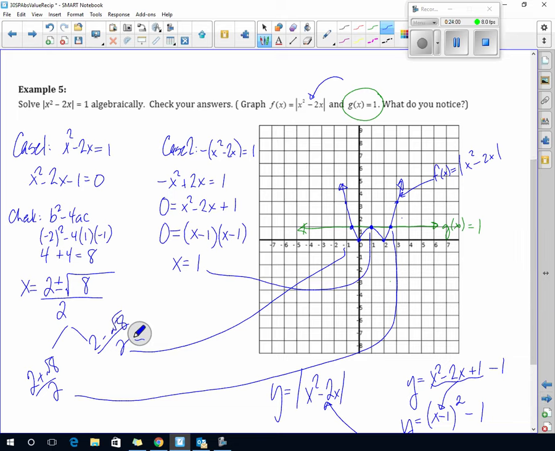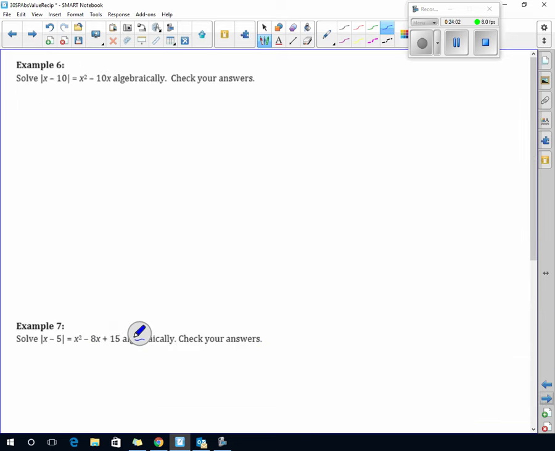So x minus 10 equals x squared minus 10x when x minus 10 is greater than or equal to 0, which means x is greater than or equal to 10. That's case 1. Case 2. Negative bracket x minus 10 equals x squared minus 10x, and that's when x is less than 10.